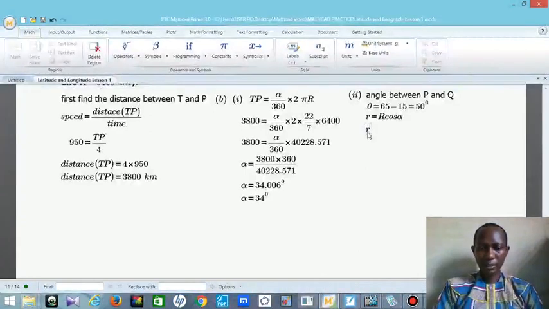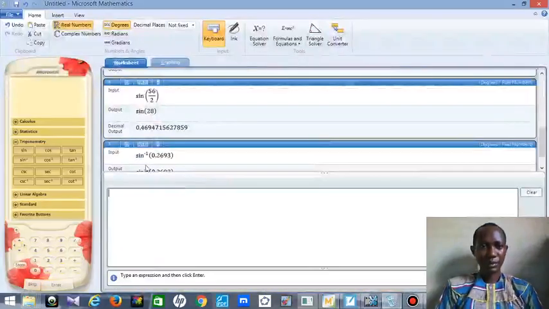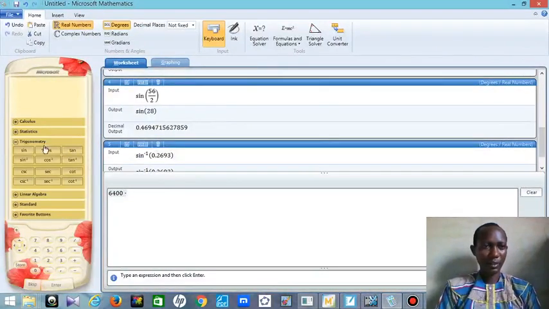Alright, so r is equal to 6,400 times cos 34.006. Let's use our calculator to do this. 6,400 times cos 34.006.